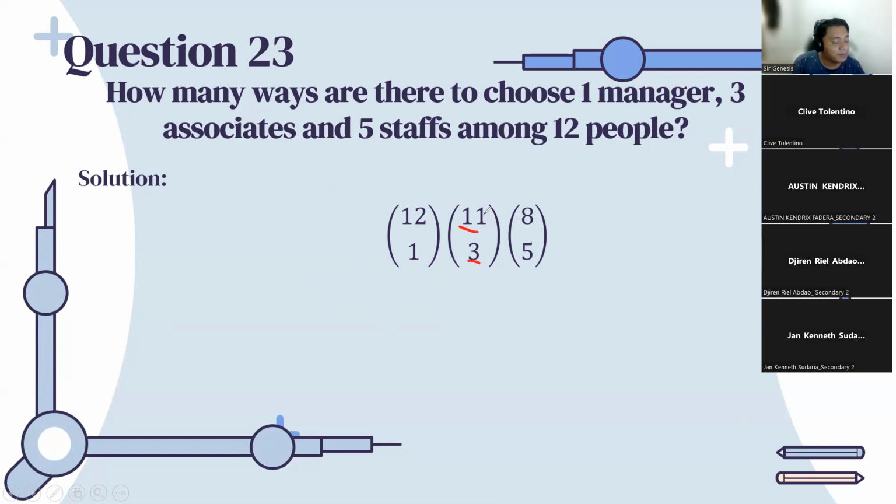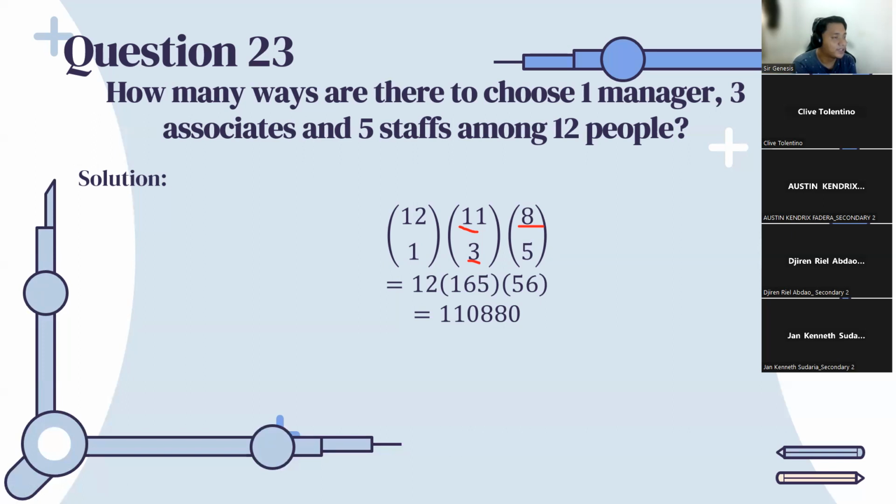Now, we will be left with 8. For the remaining 8, you choose 5 staffs from this 8, and that will give you 8 choose 5. So just multiply this, and you will get 12 times 165 times 56, which is equal to 110,880.